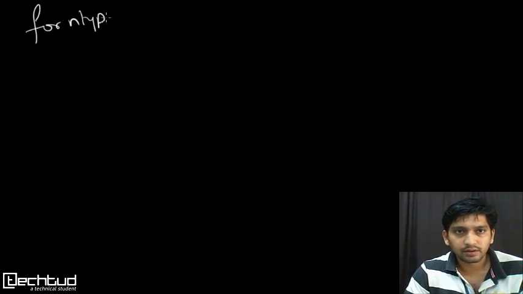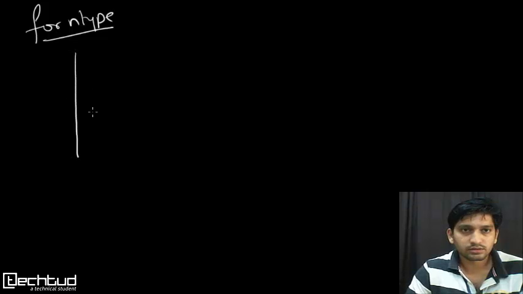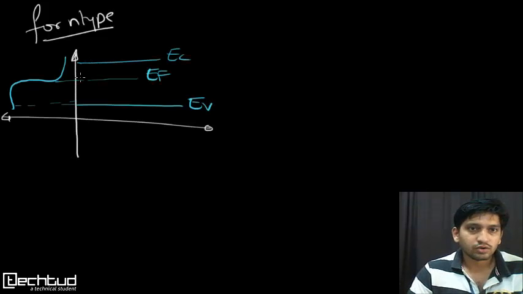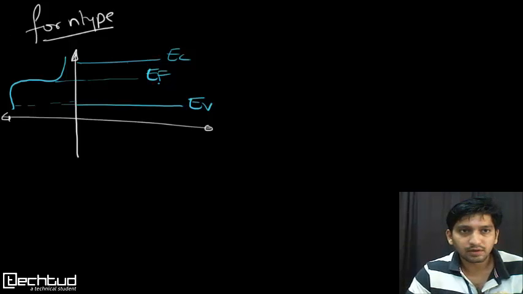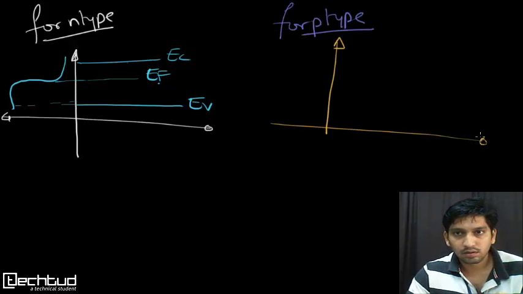For N type, this will look like this. You can see this EF is more towards the EC. The probability of finding an electron at energy level EF is 1 by 2, we know this. So this is your N type semiconductor. For P type, how does the diagram look? This was your E and this is your Fe.